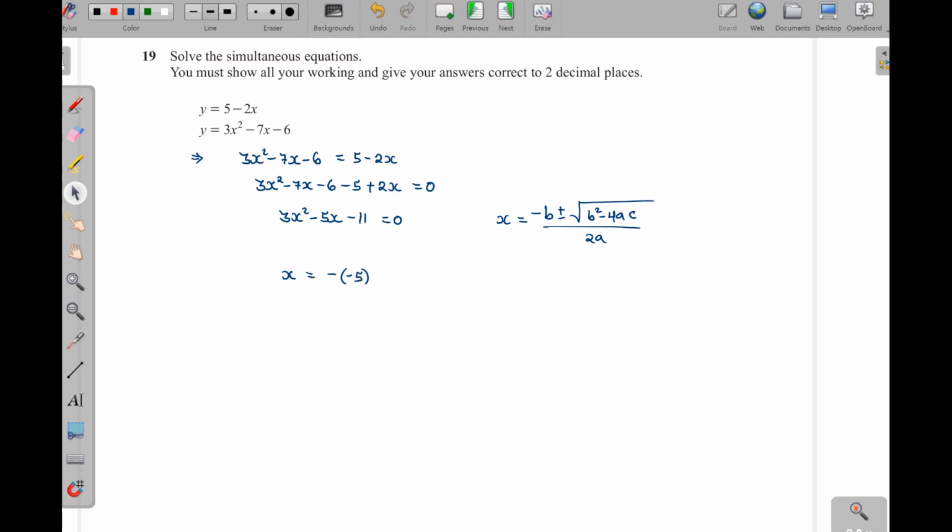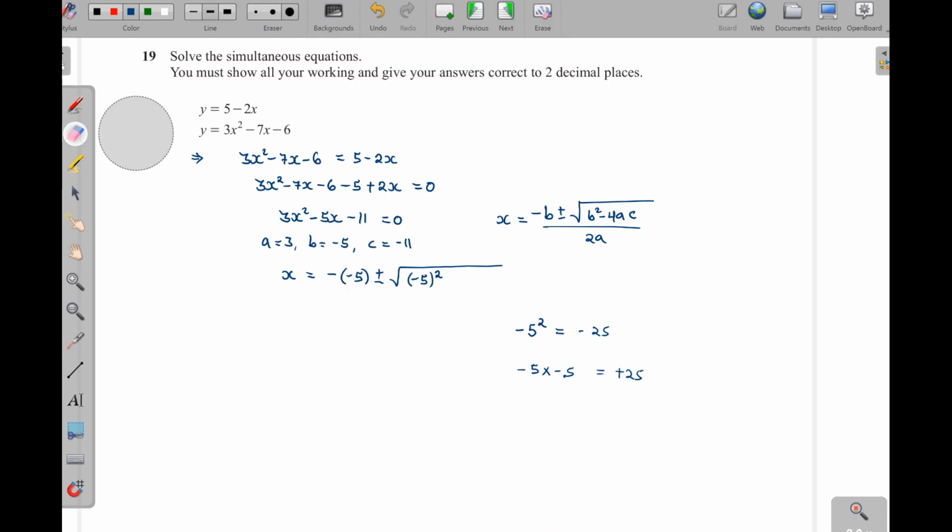Is a negative. So first of all, our a is 3, our b is negative 5, and then our c is negative 11. Then plus or minus the square root of b, which is minus 5, put it in brackets and then square. Because in the calculator, if you put it without brackets, it will give you negative 25. But you know that negative 5 times negative 5 has to give you a positive.